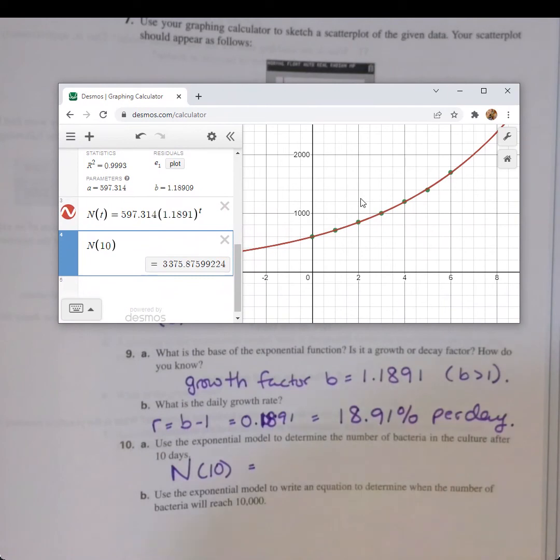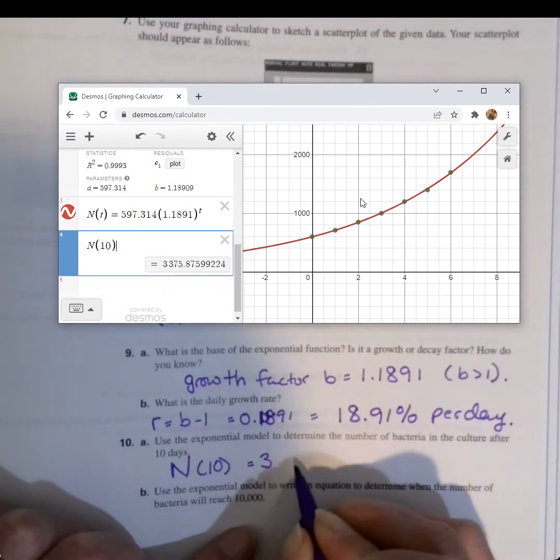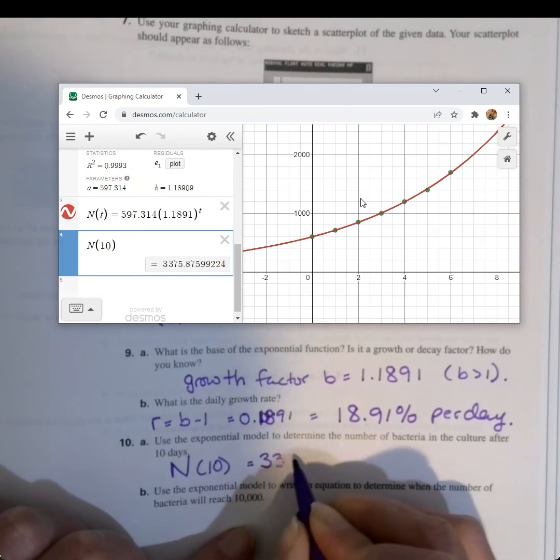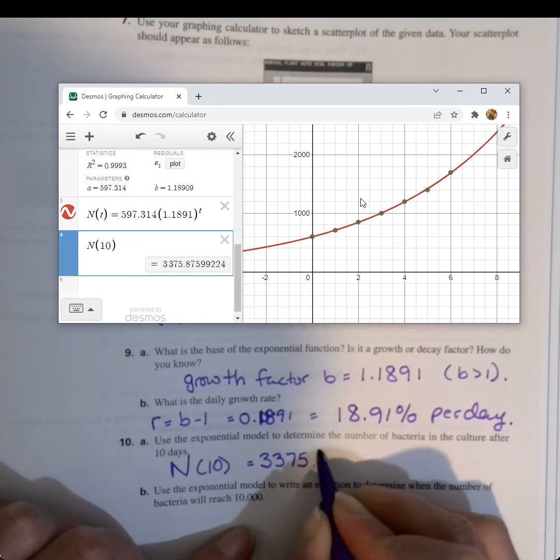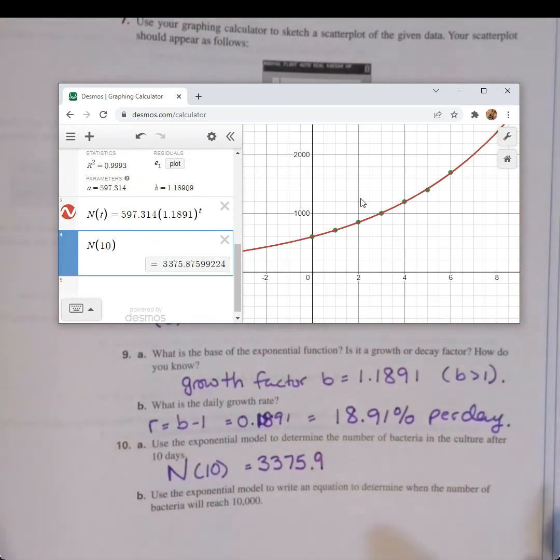All right, so I've got N of 10 equals 3,375.9 bacterium. I don't need to keep too many decimal places when predicting the number of bacterium. I might say 3,376 bacterium, but maybe there's one bacterium that's in the process of splitting into 2. It just hasn't quite made it all the way. So that's maybe the 0.9.